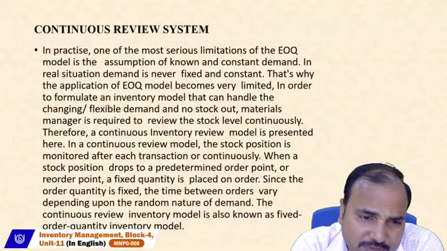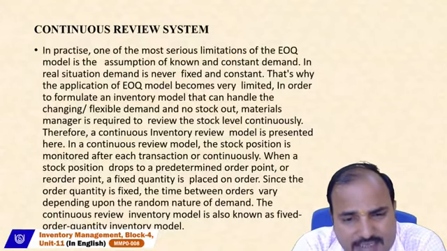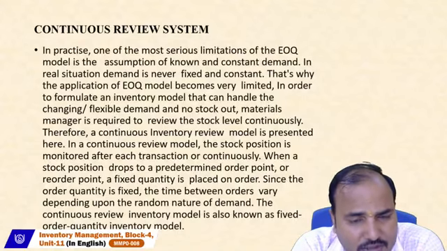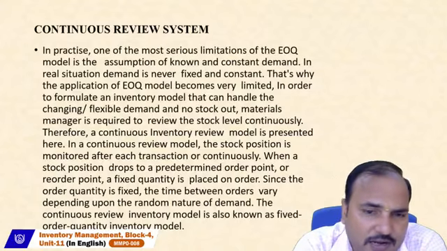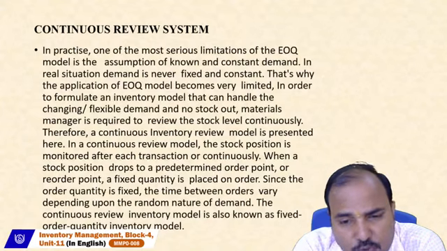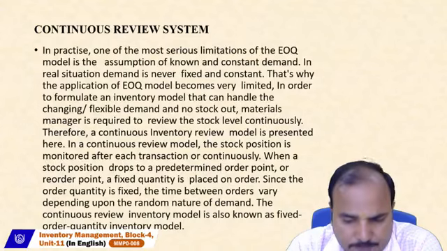When the stock position drops to a predetermined order point or reorder point, a fixed quantity is placed on order. Since the order quantity is fixed, the time between the orders varies depending upon the random nature of demand. This continuous review inventory model is also known as the fixed order quantity inventory model.